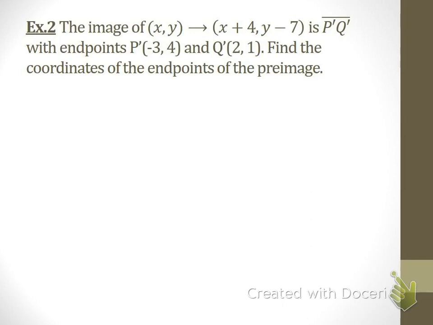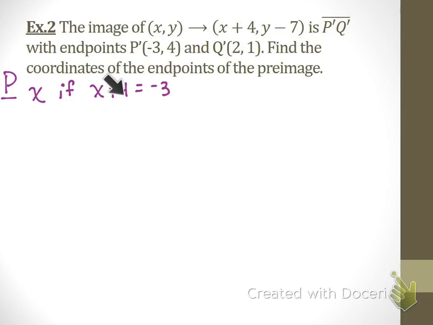So if we are trying to find x, if x plus 4 came out to be -3, we're trying to figure out what the x coordinate is if x plus 4 is -3. This is for point P, of course.